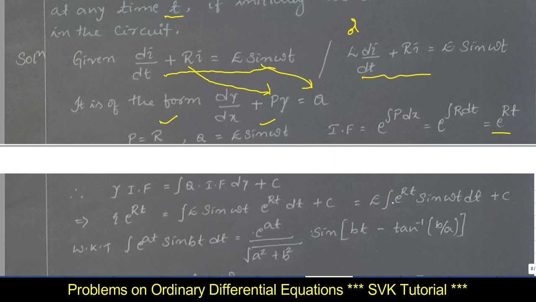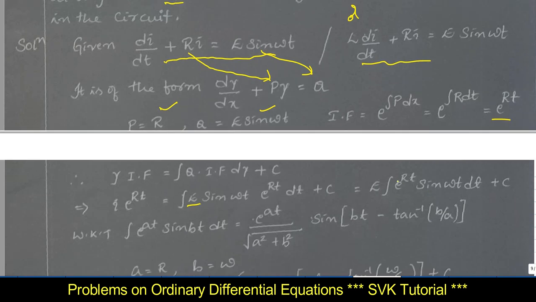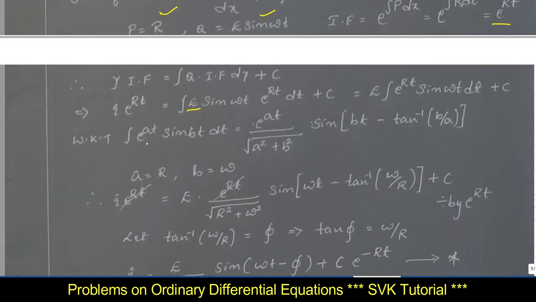This is nothing but E into the integral of e power Rt sin omega t dt plus c, as E is a constant and can be taken outside. To integrate this, we can use a standard integral formula: the integral of e power at into sin bt dt is e power at divided by square root of a square plus b square, into sin of bt minus tan inverse of b by a.